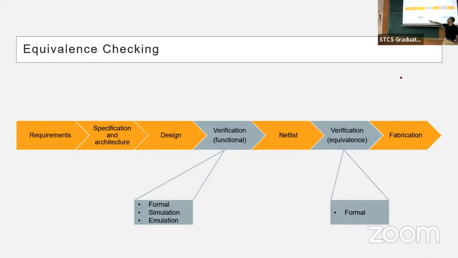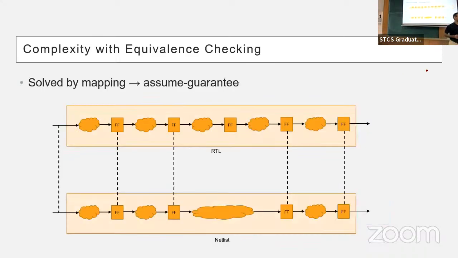So we have this complexity problem with formal here, but we do not have it at this level. That's why formal is largely used. And why? At this level we have this complexity, at this level we don't. And the reason is that, let's say we have this RTL now, the hardware description language.